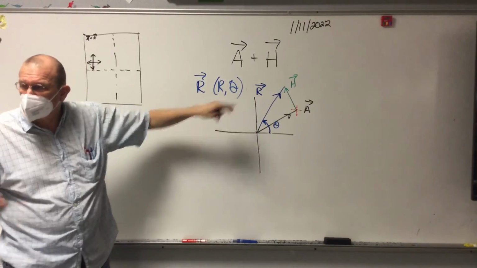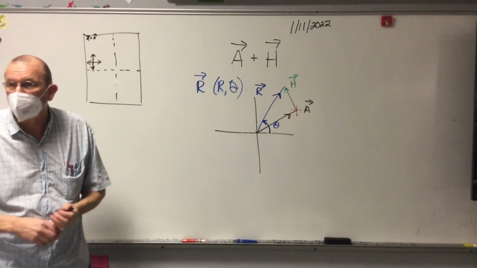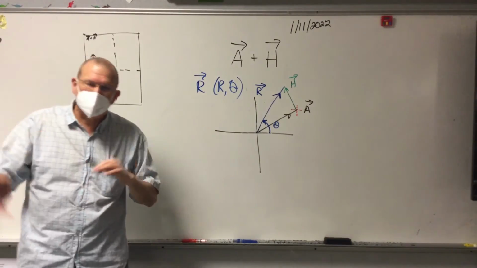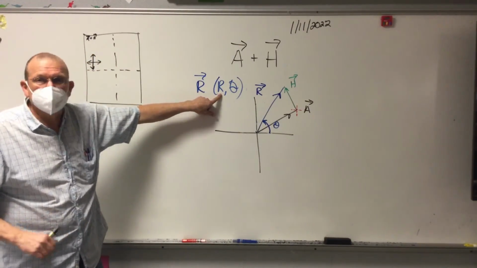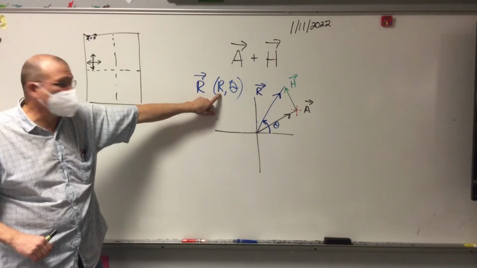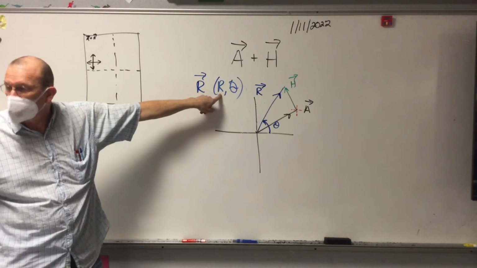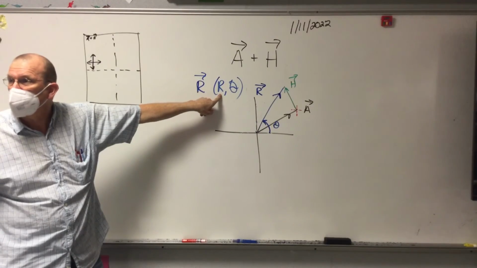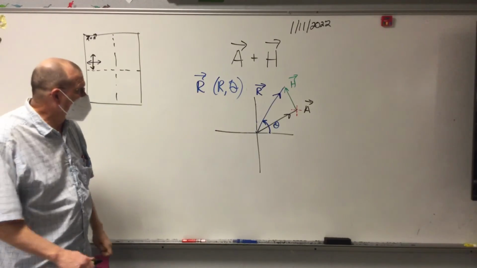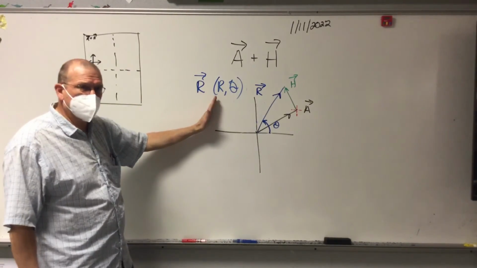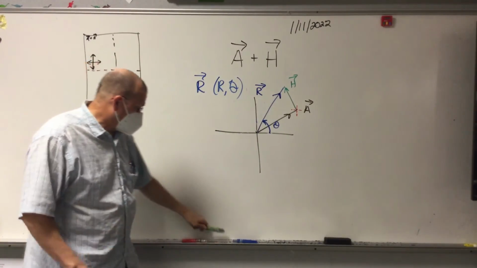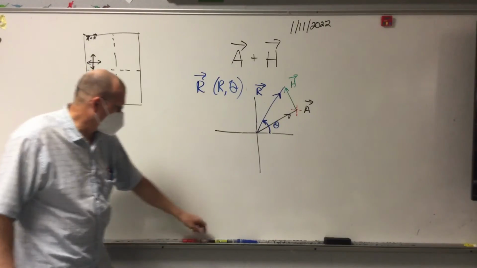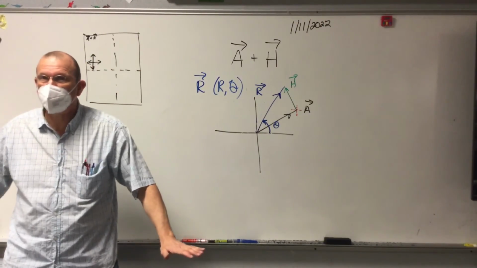Now, we are simply using lengths for our vectors. They're not representing velocities or accelerations or forces. And we're measuring them in centimeters, so this R should have a unit of centimeters on it. So your answer will be a certain number of centimeters at a certain angle. Again, any questions on this?